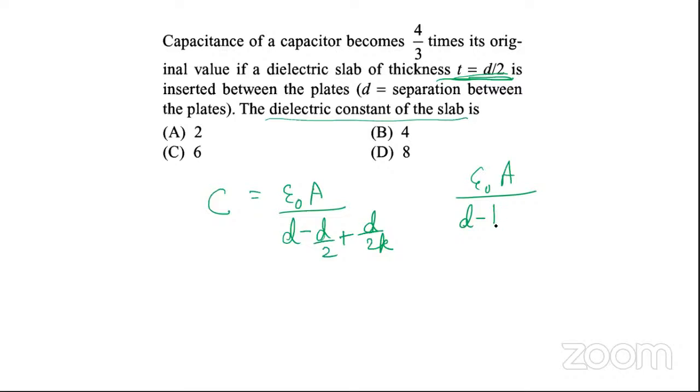Suppose it was t, and then we add it again, dividing it by the dielectric constant. That way the formula comes over here.